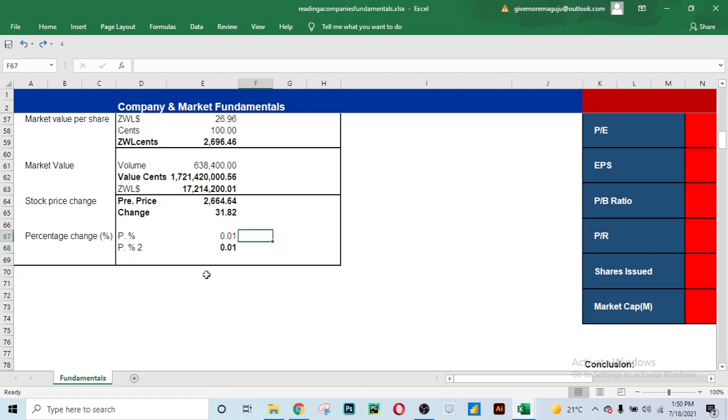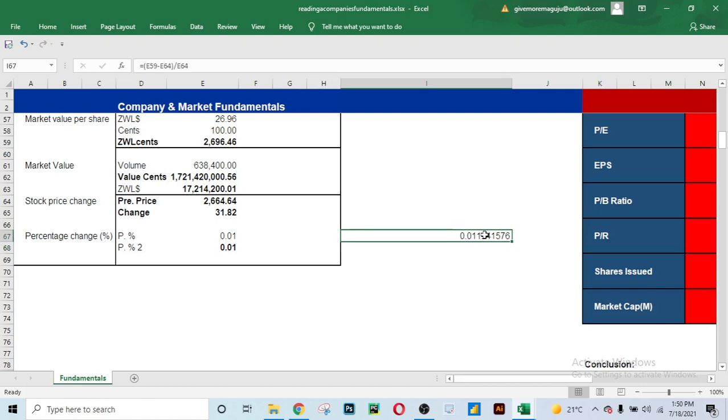Let me do a quick check, because I think here I can't format perfectly. So what I'll do is say this minus this divided by this. Okay, perfect, as you can see.